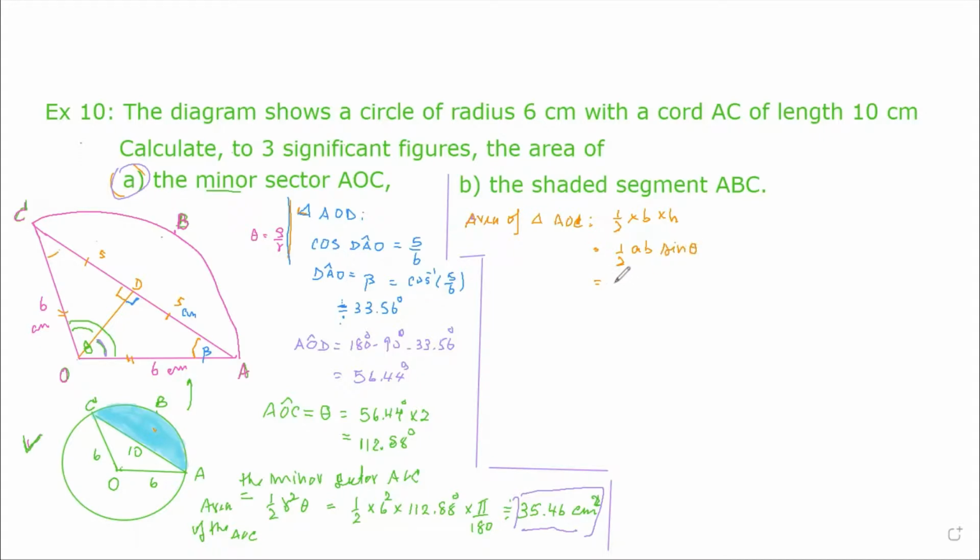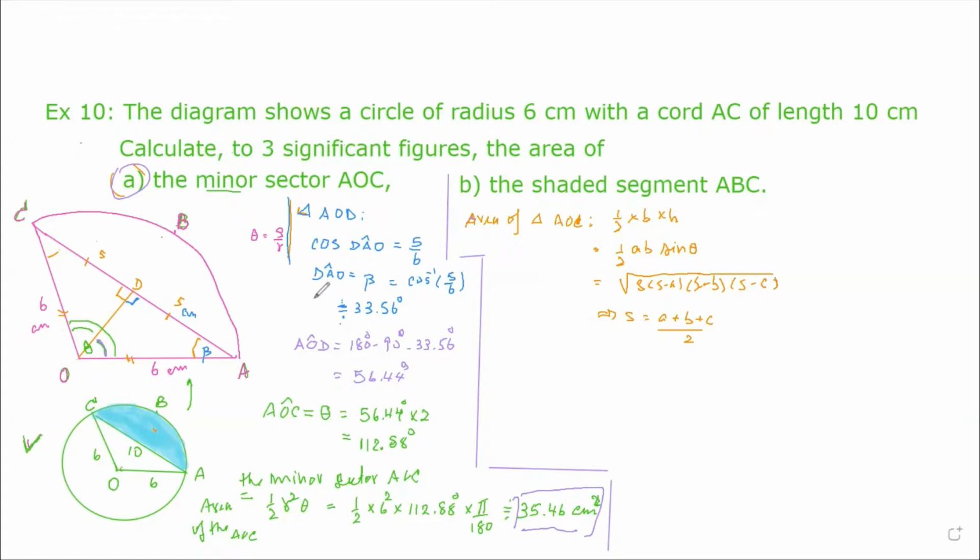Or you can use the square root of s times s minus a, s minus b, s minus c, if you know the 3 sides. How do you get s? Sum the 3 sides and divide by 2. Either one you can use to get the area of triangle AOC.